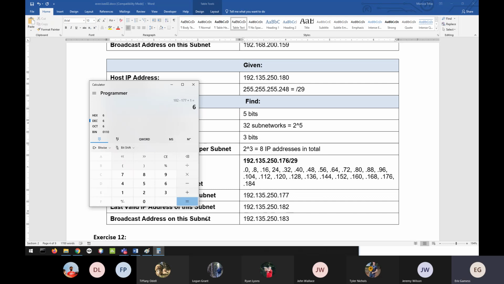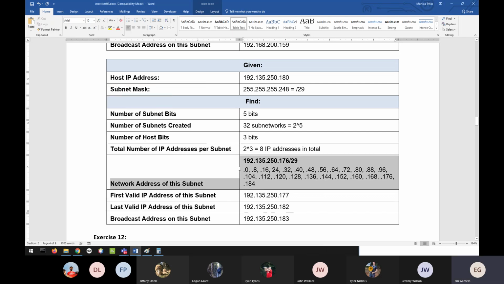Okay, you can count them to see that we have 6, but we have 6 valid IP addresses, no? So remember, I put all those numbers to show you that the network address has to be a multiple of 8. If we go by step of 8, if you start in 0 and you go by step of 8, of course, you will have a multiple of 8.